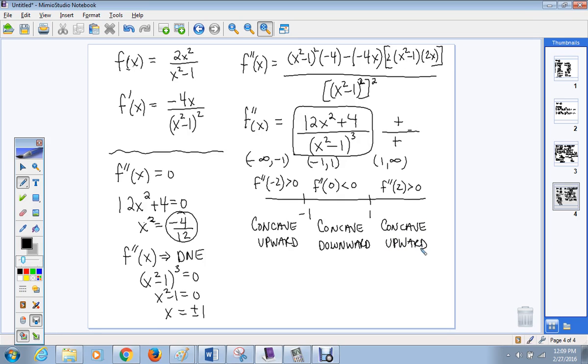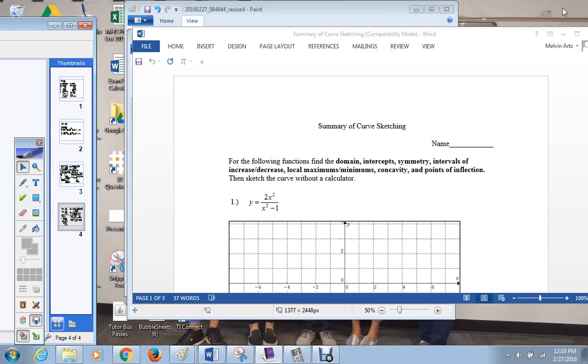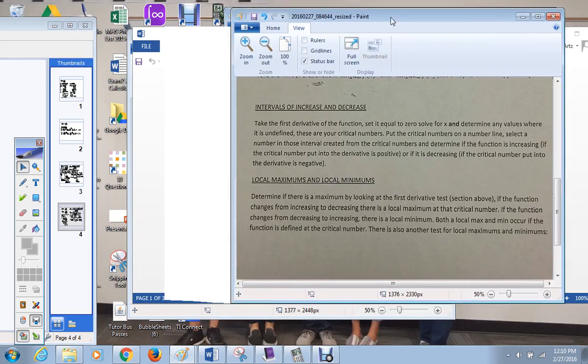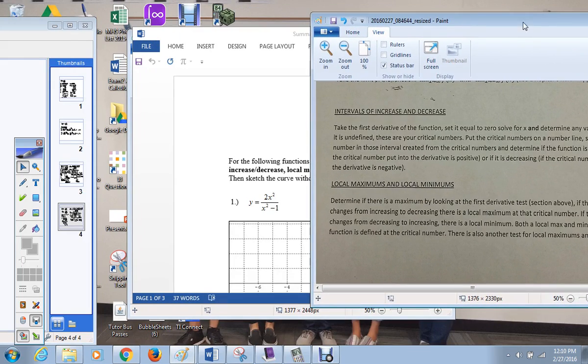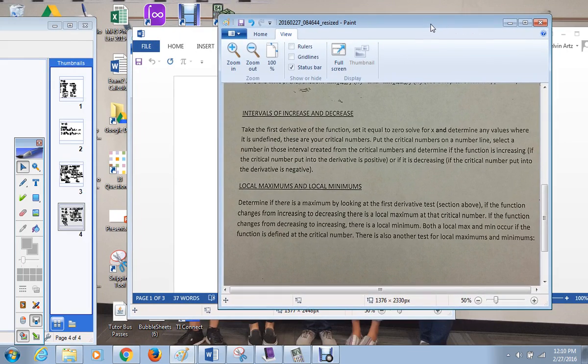Now we have all of our tests. The last thing that we need to do is put this all together and graph the function. Let's close this one out.